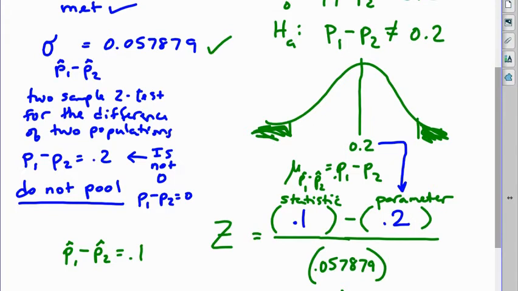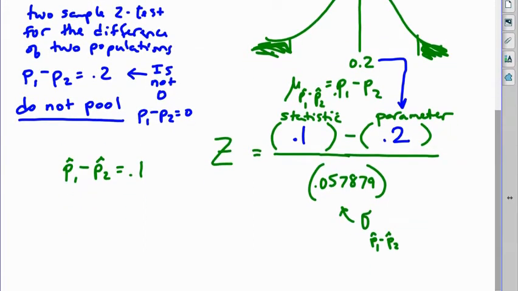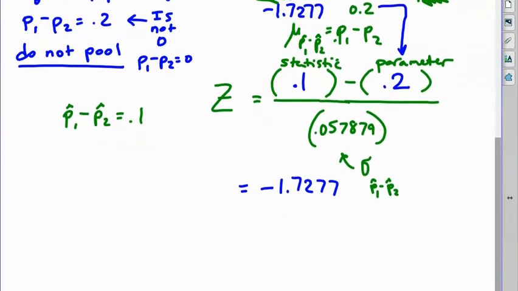So that's going to give us our test statistic, which if we punch that in correctly, we get negative 1.7277. So that's this number right here. And that is the value that we're going to use to find our p-value.